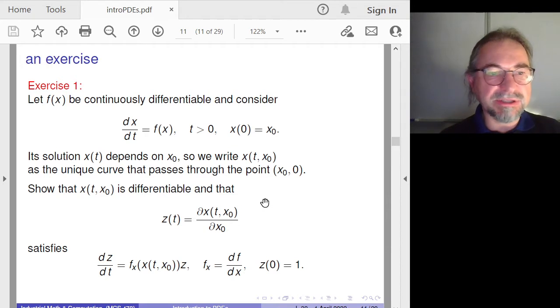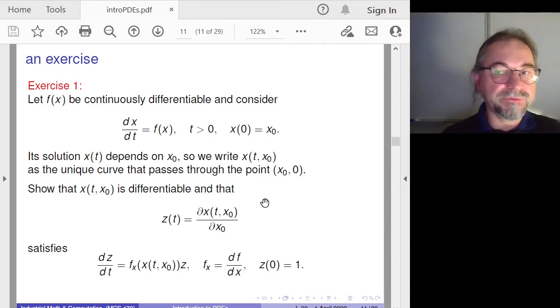You can see the initial value problem where the initial condition, the initial position at time 0, is actually a second parameter, also a variable. So now we do have a two variable problem. And the solution is differentiable also with respect to that second variable.